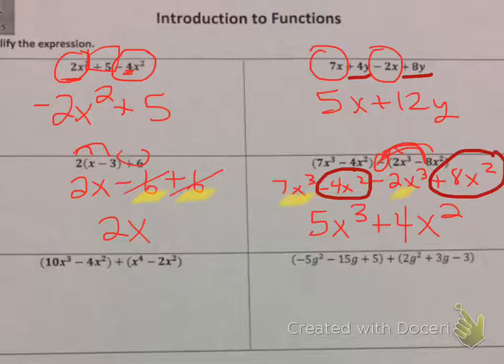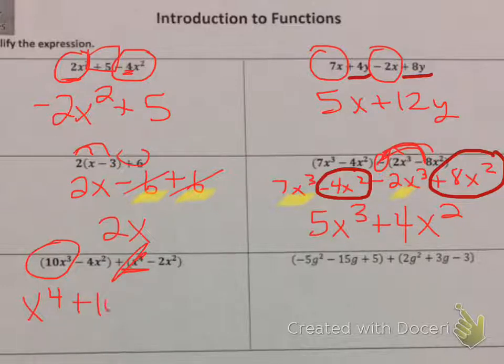All right, this next one looks exactly the same, besides it's a plus sign in between. When there's a plus sign in between, we don't have to worry about the signs. We get to keep them the way that they are. So we just need to combine like terms again. We have 10x cubed here and no other x cubes. But I did notice that I have this x to the 4th, which is a higher power. So I'm going to do that x to the 4th first. That doesn't get to combine with anything because there's nothing else like it.